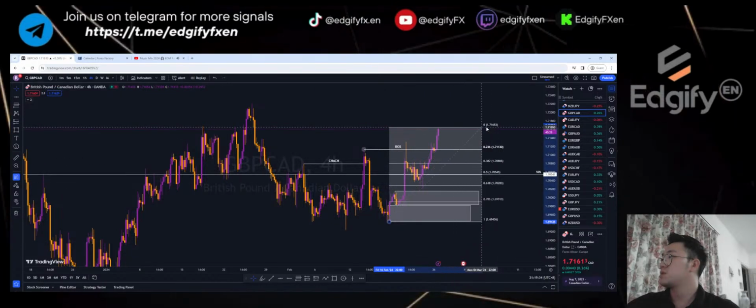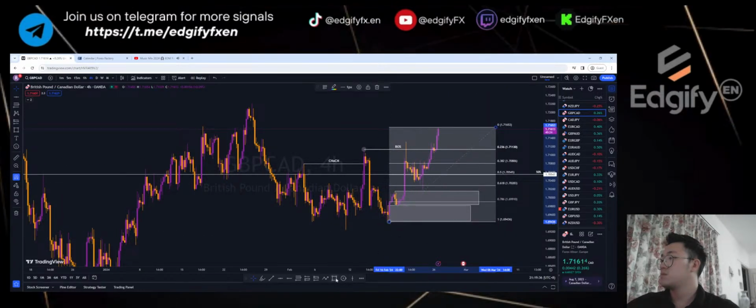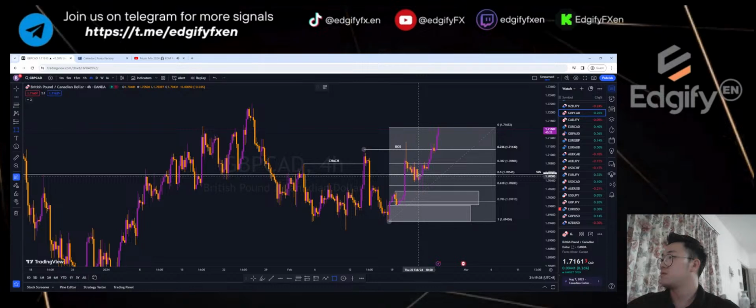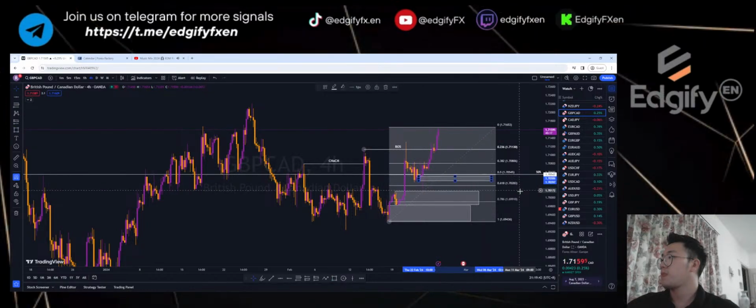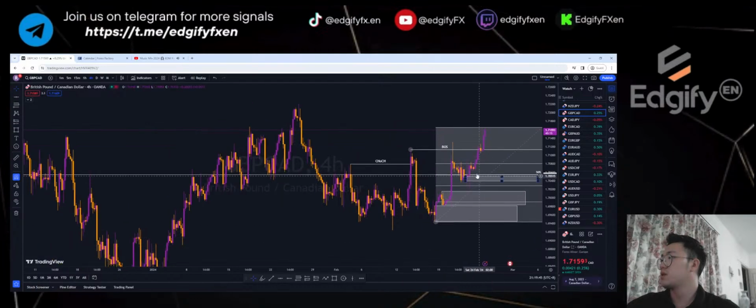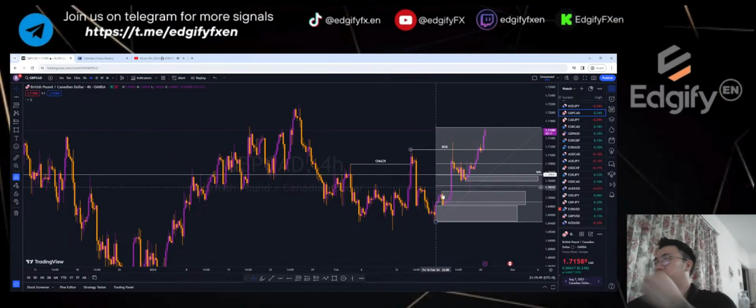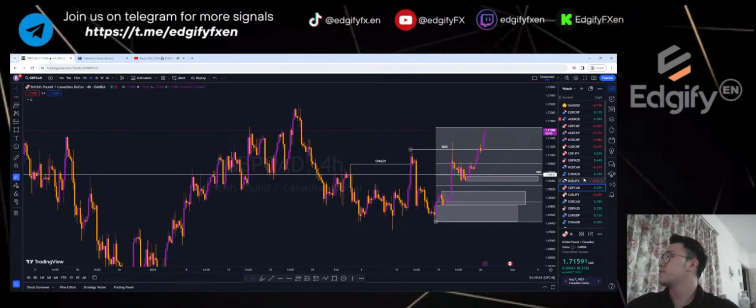I also have another one at this level. So basically 3 levels that I'm looking at. As long as they are below the 50, then yes, I'll be much more interested.